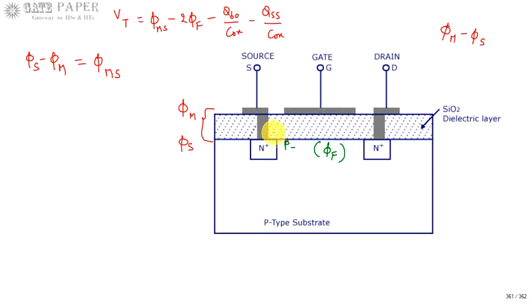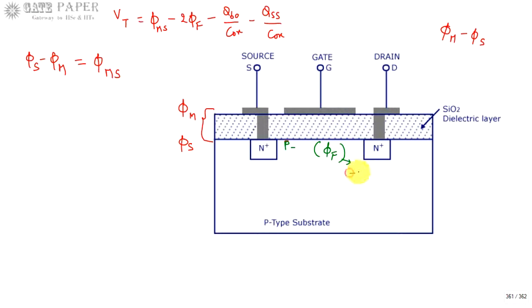Okay. So if you want to make it an n-type semiconductor, first you have to make this p-type intrinsic, then intrinsic to n-type material. So the Fermi potential of this p-type semiconductor in the channel region is pi f, and then it has to be changed by applying the reverse.